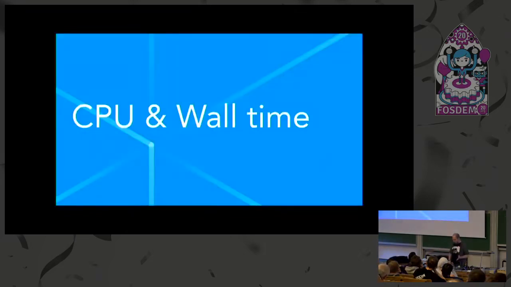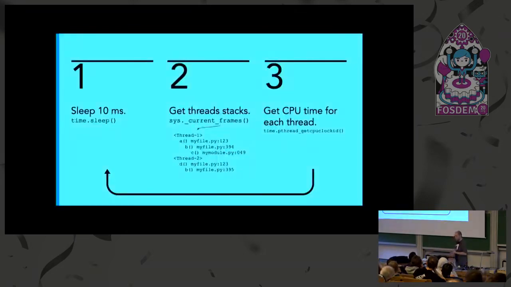The first problem I had to solve was, how do you get the CPU and wall time information? The way I solved that is in a thread. You run a parallel thread in your Python program that sleeps most of the time, and let's say every 10 milliseconds it wakes up and uses sys._current_frames, which is a private function that has been there forever and that everybody uses, so it's not really private.